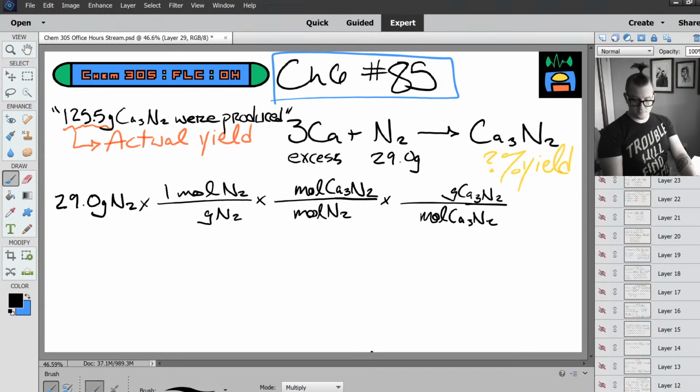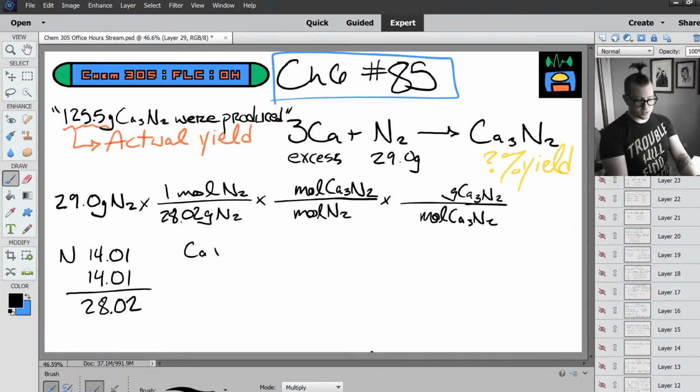All right. We got a couple molecular weights to calculate. For N2, it's just two nitrogens together, right? So that's 28.02. And then for calcium nitride, we've got 3 calciums, 2 nitrogens. Calcium is 40 point something.